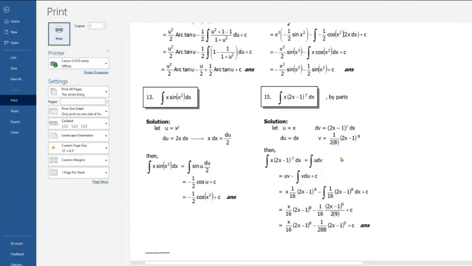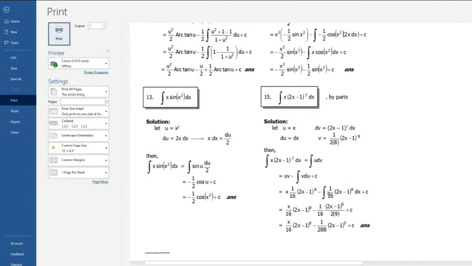So, magiging 8 over 8. Kaya magiging 1 over 2, 8. Okay? Then, pag sinubstitute mo dito sa formula natin, this is u, x. Then, v is equal to, ito, 1 over 16 quantity 2x minus 1 raised to 8 minus the integral of 1 over 16 quantity 2x minus 1 to the 8 dx. Ito yan.